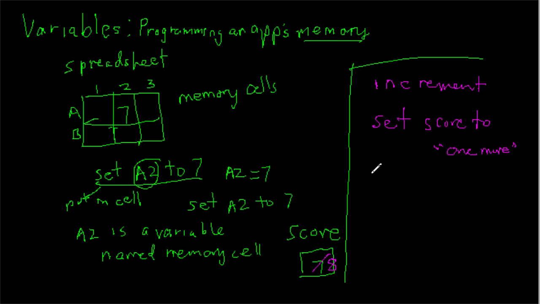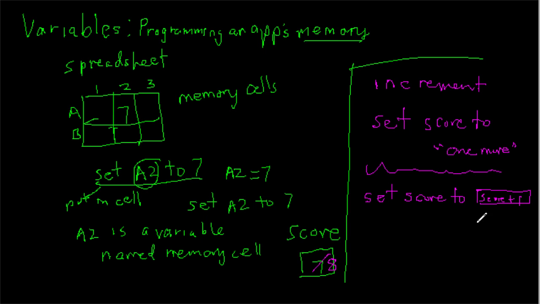Now the way you do it in programming is you say set score to, and then let's just block this off, score plus 1.